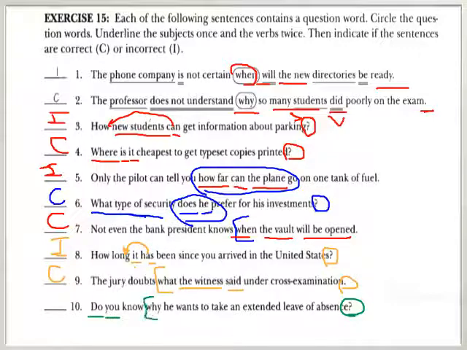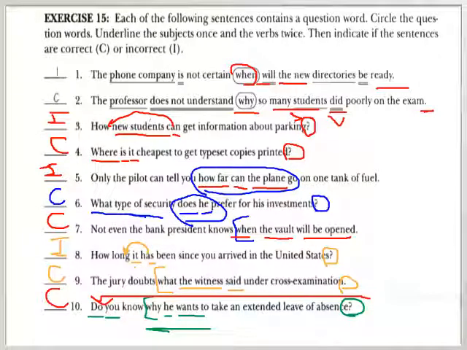So, why? Why here is a question word, a WH word. After it we have the subject, then we have the full verb wants. Okay, here there is no need for inversion because there is no question. Okay, yes, it is a question, but the inversion is here. Okay, so the sentence is correct.